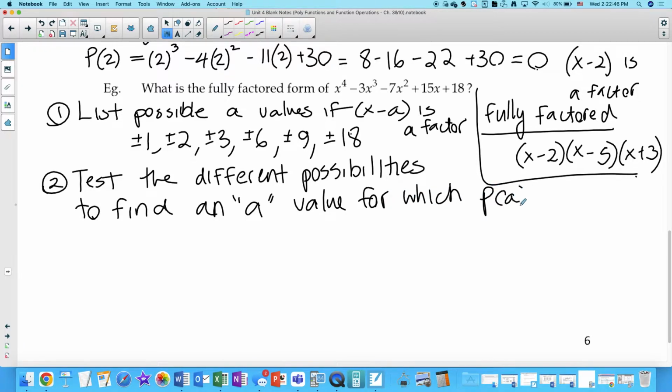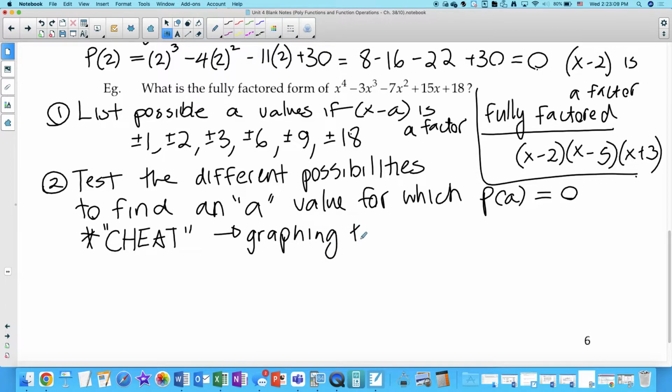Here is where you put a little asterisk and say graph it, so that you can get it right the first time. You can kind of cheat by graphing the corresponding function, and the A values that are going to work are going to be the zeros of that function.